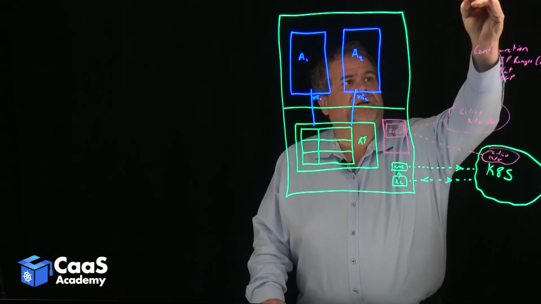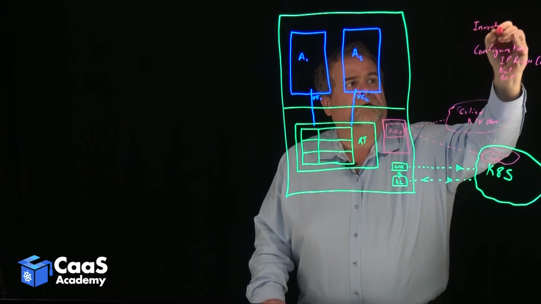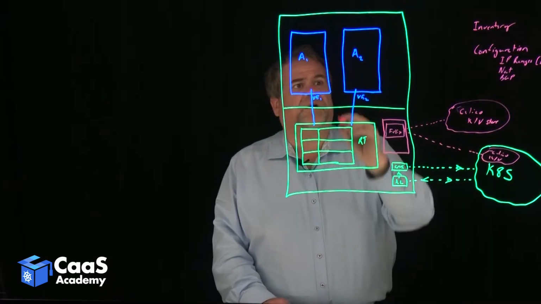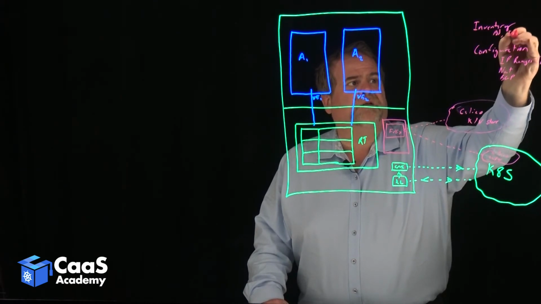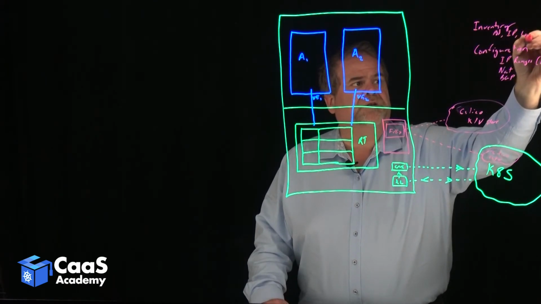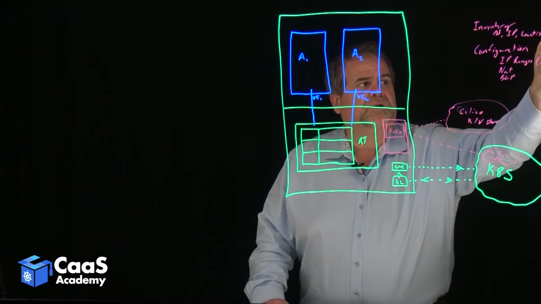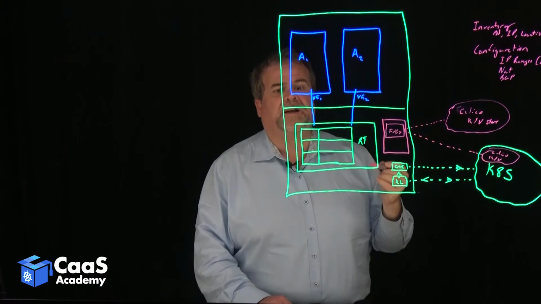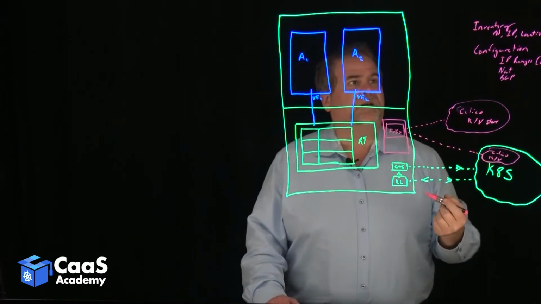The other is inventory. And inventory is the pods, their IP addresses, locations, and labels. Metadata that Kubernetes has attached to those pods. And again, we'll talk about those when we get to network policy.